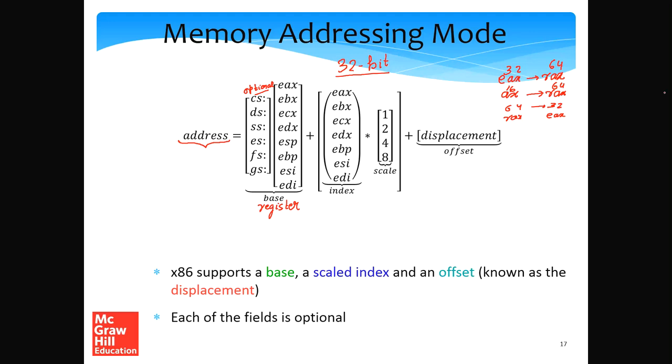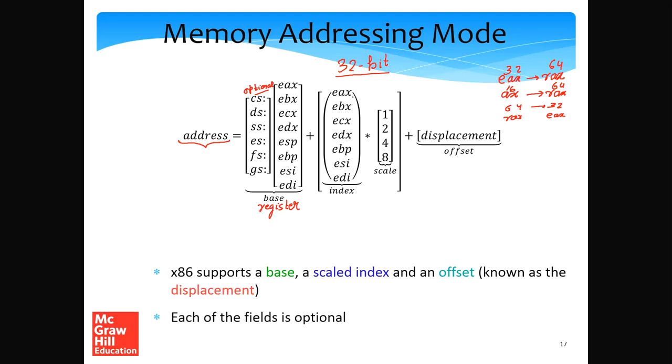So coming back to our present discussion, here we have a base register, where the base register can be any of the first 8 registers. Plus, this is a scaled indexed addressing mode that we can have, where again the scale is optional.